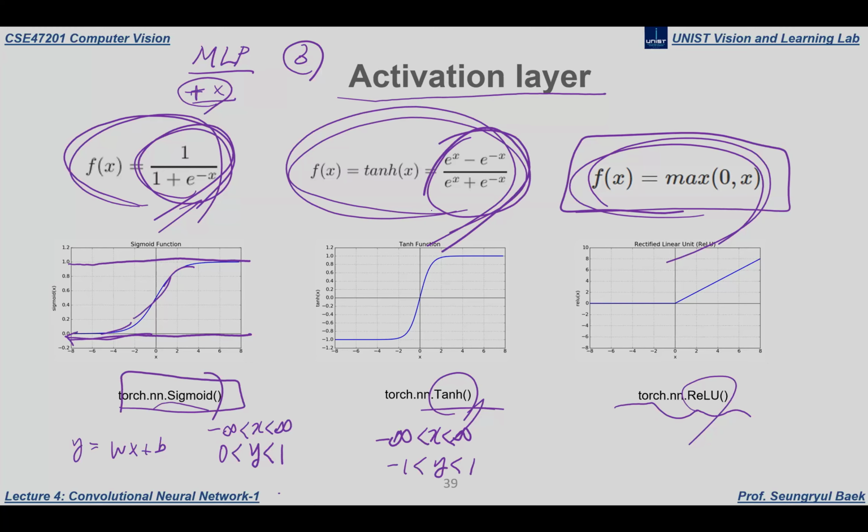And ReLU is 0 when x is less than 0, and x when x is larger than or equal to 0. Because of this point, this is not a straight line, okay? So they can give us some nonlinearity, okay?